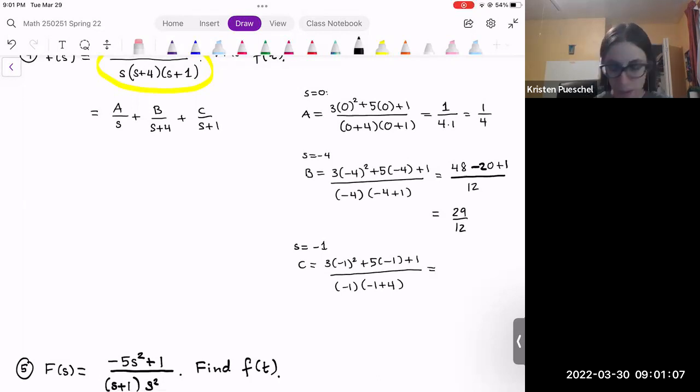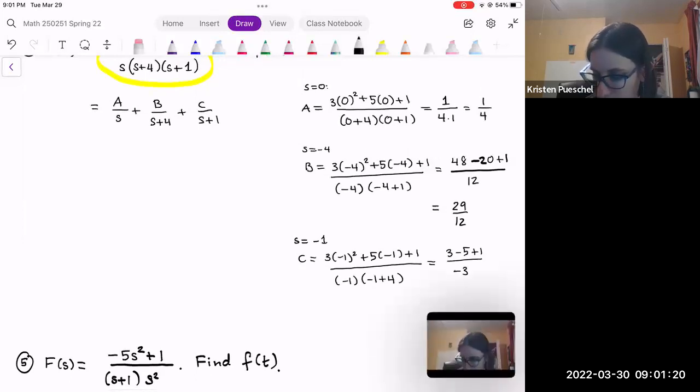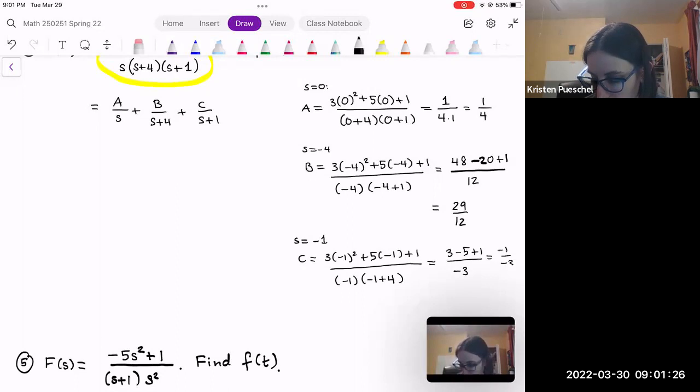Our numerator simplifies. We get 3 minus 5 plus 1. Our denominator here, we have -1 times 3, or -3. So let's see. This numerator, 3 plus 1 is 4, minus 5 is -1. So we have -1 over -3, or 1/3.